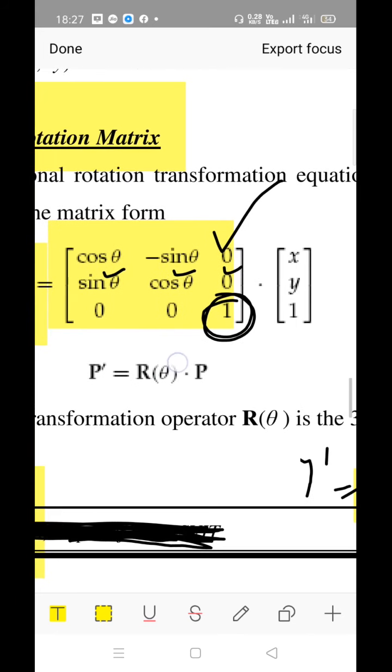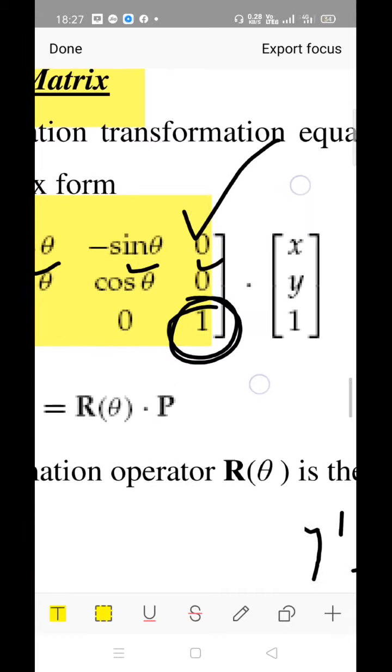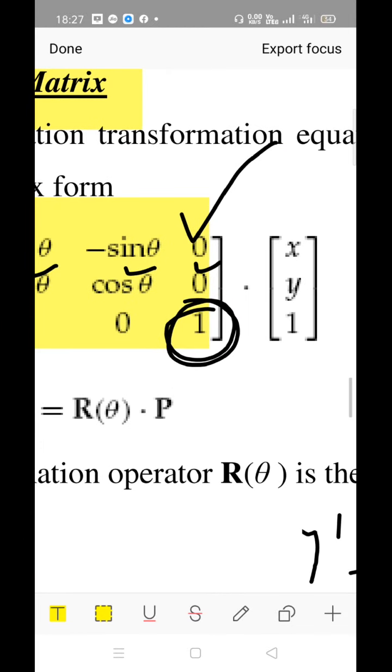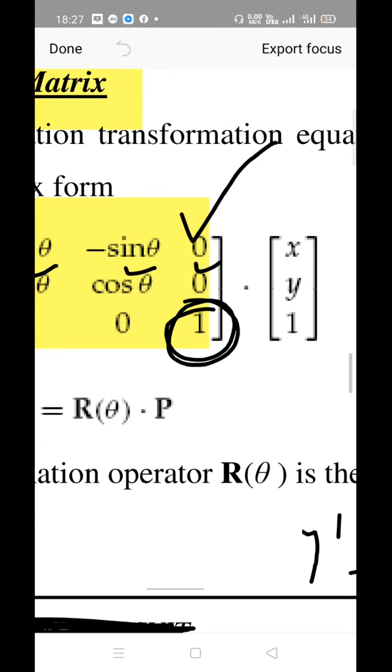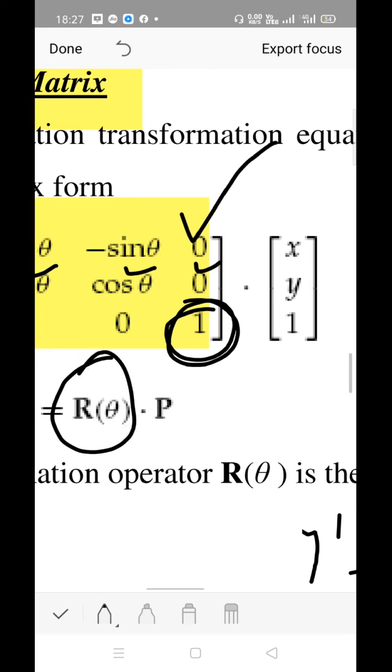This is the matrix multiplication, we call it the rotation matrix. The rotation of angular displacement is taken as theta, so you mark it R of theta. So, the rotation matrix R of theta is multiplied with the original point.